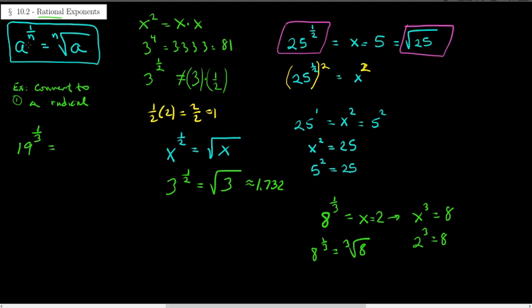Right. Well, here n is 3, so that should be the cube root of 19. Okay, and that's it. That's all you have to do. That's the answer. Right. Just convert to a radical. Again, we're not going to try to simplify this. We're not going to convert it into a decimal or anything. We're just going to leave it as the cube root of 19.